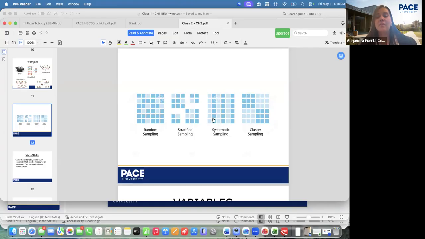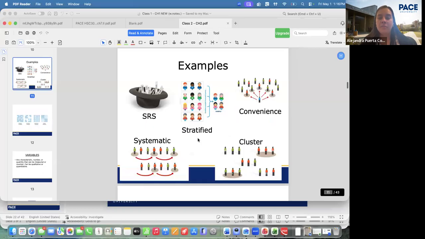Then systematic sample is when I say every 3 or every 4, I'll choose it for my sample. And cluster sampling is more like, now I won't look at the individual, I will look at a group as the unit of analysis, right?